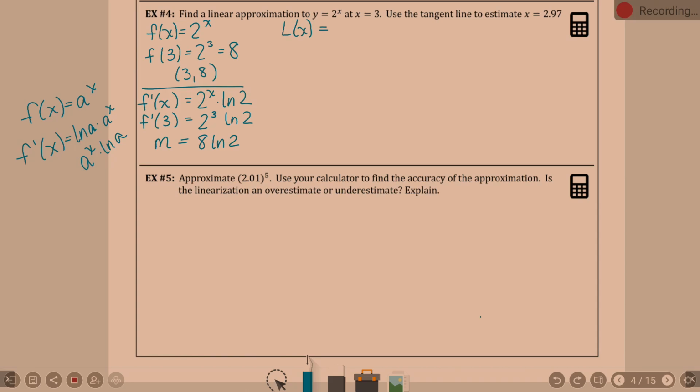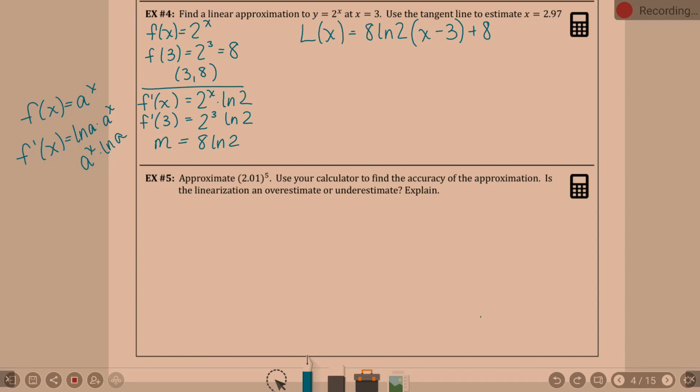Okay, so write your equation. Find the linear approximation. What are you starting with? Slope, so 8 natural log of 2, times x minus 3, and then plus 8.